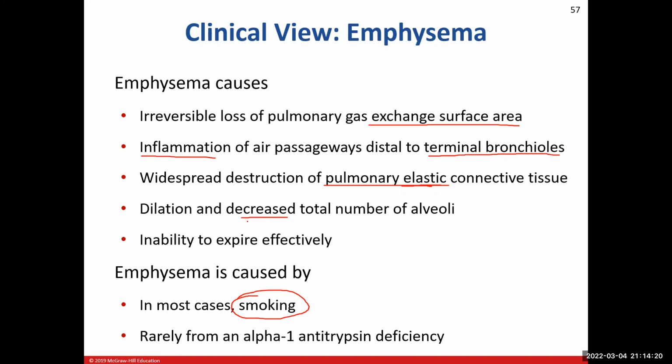And the end result is when these folks are trying to expire, they do so in a very poor manner. So they have to recruit their accessory muscles. They have to recruit the internal intercostals. They have to recruit a lot of those accessory muscles found on their torso there.